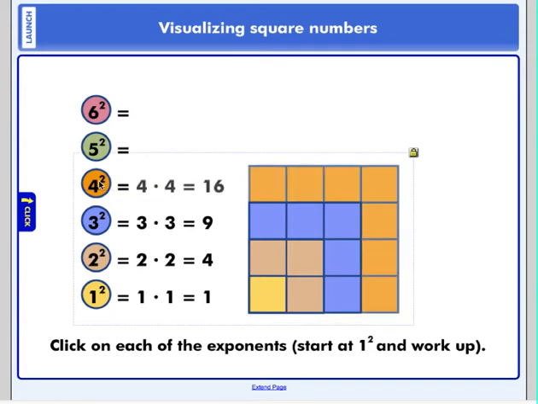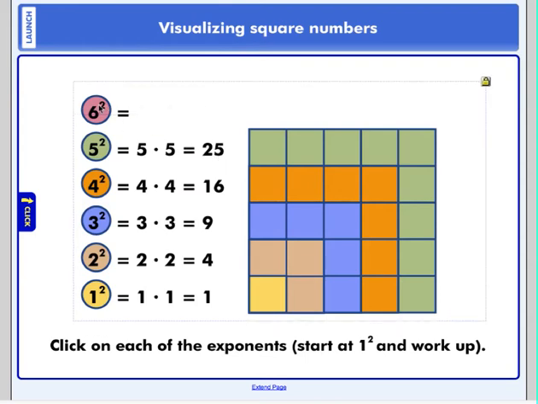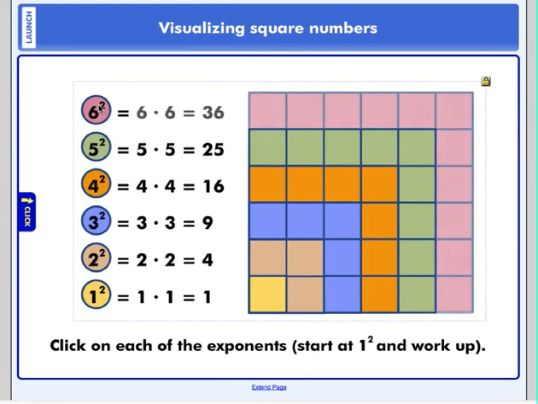4 squared means we'll have 4 rows, 4 columns. That's the square number 16. 5 squared means we'll have 5 rows, 5 columns. 5 times 5 equals 25. So 25 is the next square number. 6 squared means we'll have 6 rows, 6 columns. 6 times 6 equals 36. 36 is the next square number.